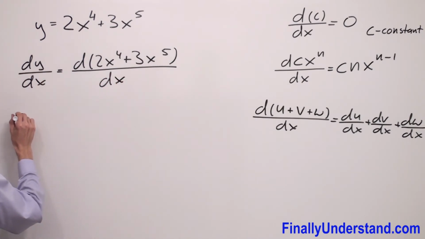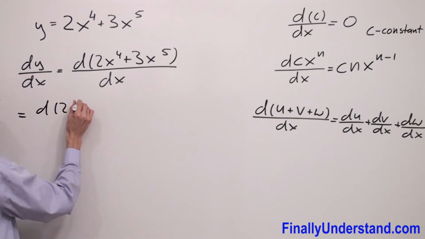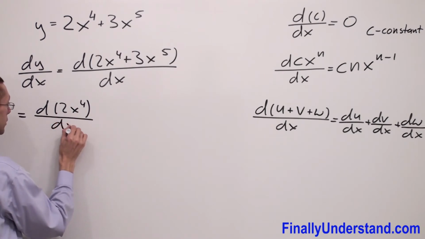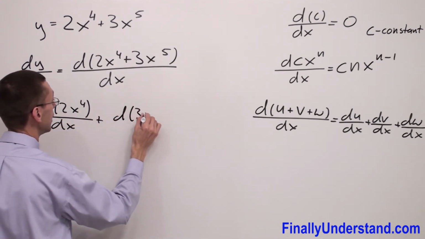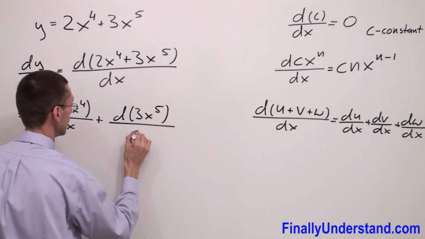Okay, you can rewrite this as the derivative of 2x to the fourth over dx plus the derivative of 3x to the fifth power over dx.